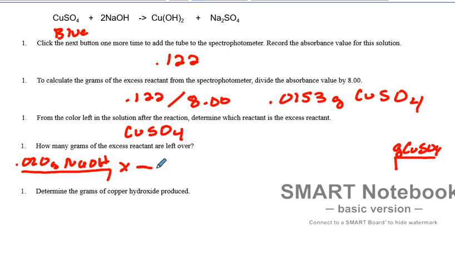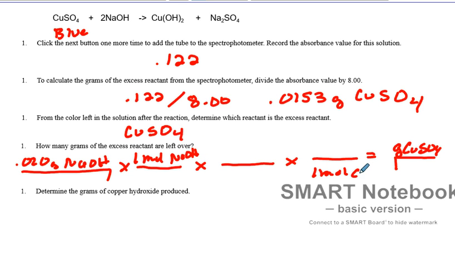Now let's do our typical 3-step stoichiometry. I'm going to put 1 mole here. I'm going to block that spot right away. I'm going to put 1 mole here. Now the 1 mole here is for the sodium hydroxide, and this is for the copper sulfate. Set everything up with good labels.